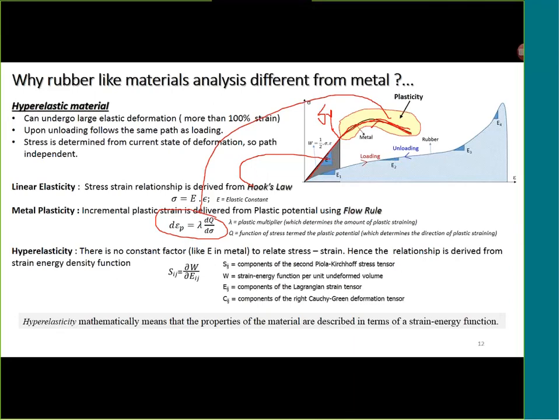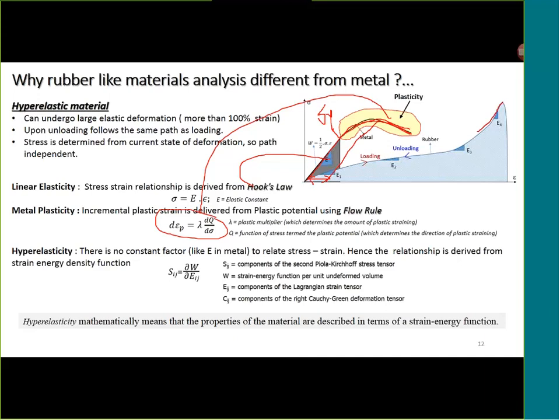When we unload the structure, the unloading pattern might happen somewhere here, and there will be a certain amount of residual deformation left in the structure even after we unload. But in the case of a hyperelastic material, the entire deformation or strain is elastic. Even though it undergoes very large strain, upon unloading, the material is going to come back to its initial position.